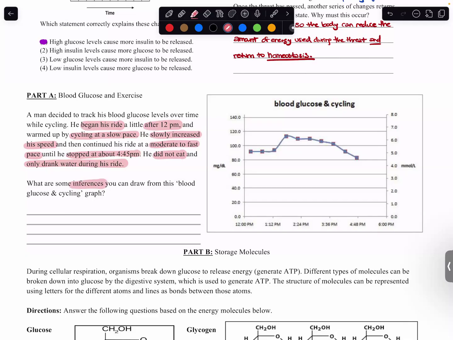Right? So we need to draw some inferences. So we need to make essentially like a guess, a think from our see, think, wonder based on what it is that we're seeing, right? So what I'm seeing is that most of his glucose stores or storages were used between 2 p.m. to 4 p.m., right?